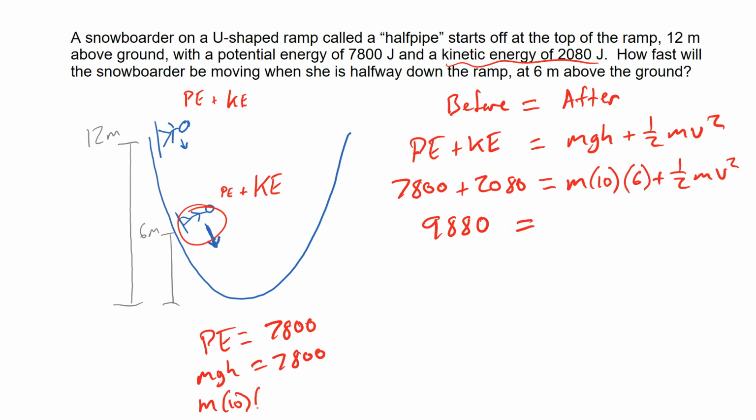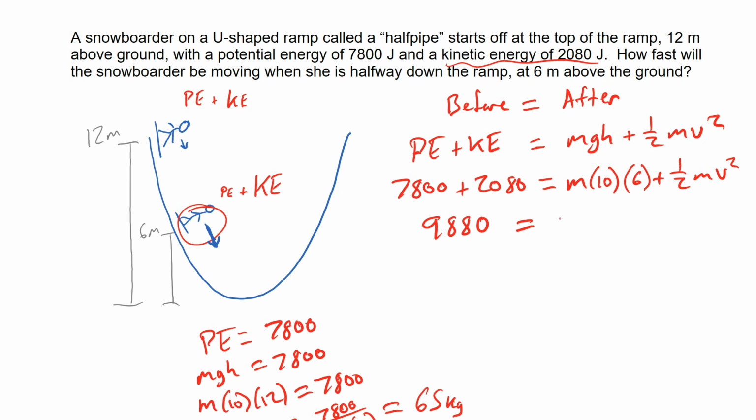So if we plug in 12 meters and 7,800 joules of energy, then we can figure out her mass, because her mass at the start of the problem is the same as it was at the end of the problem. So what do we get when we take 7,800 divided by 10 times 12? We get 65 kilograms is her mass.